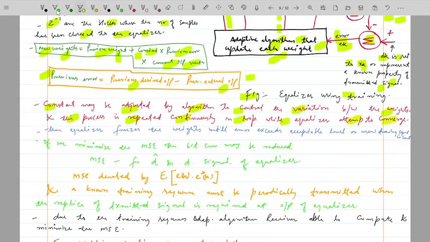While the output d of k is not equal to x of k, the weights continuously update. If we get the desired signal at the output, the weights freeze and stop updating.